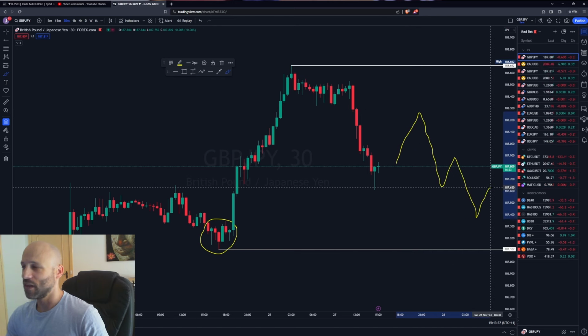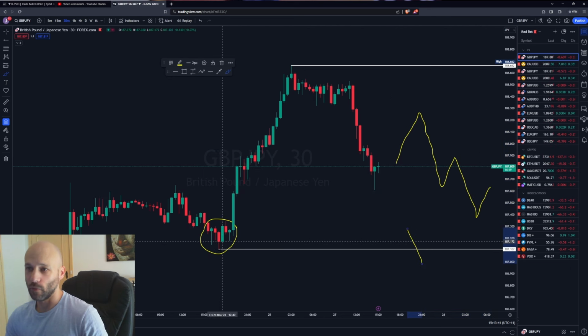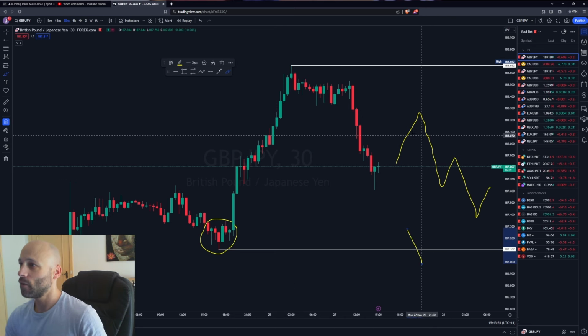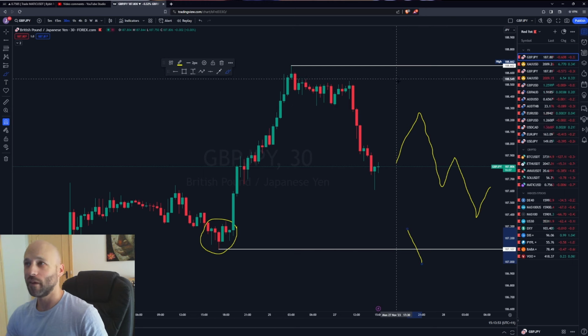It's irrelevant until we actually close below the lowest point, the origin of the swing to the upside. It has to close below, it can't just wick below, to confirm we have flipped the structure. That is the most simple way to determine structure.